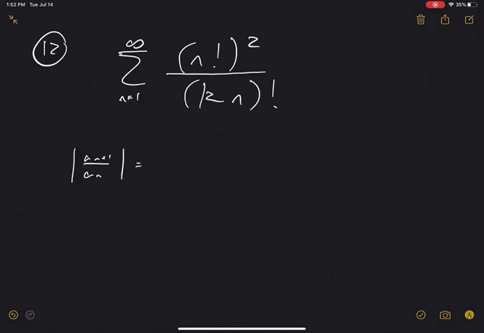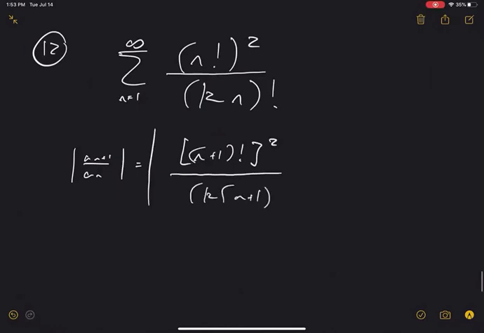What's a_(n+1) over a_n? Well, that would be (n plus 1 factorial) squared over k times (n plus 1) factorial. Then I'm going to divide by a_n, which would be looking fairly complicated.